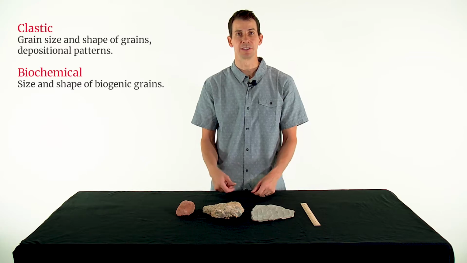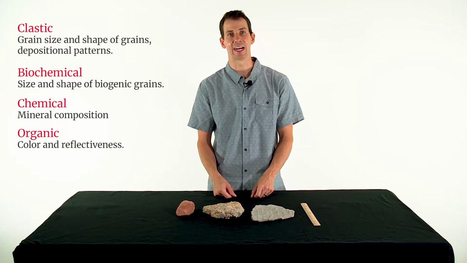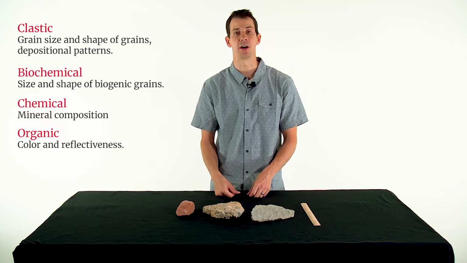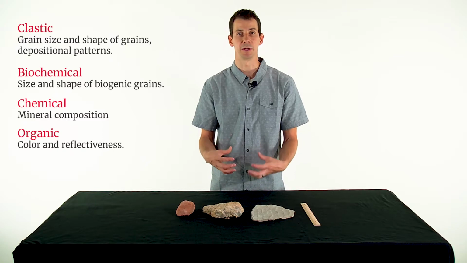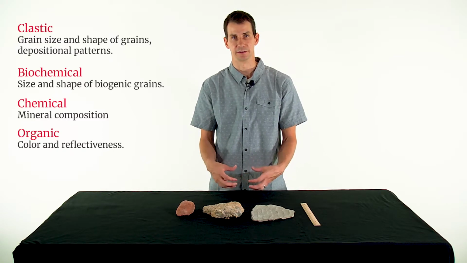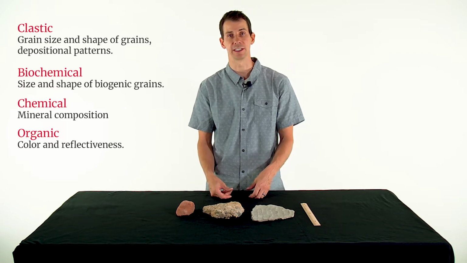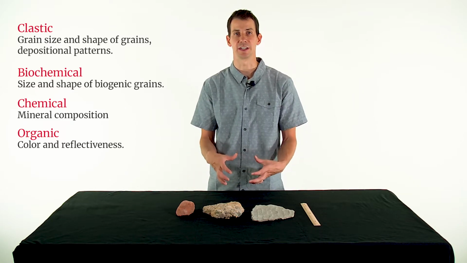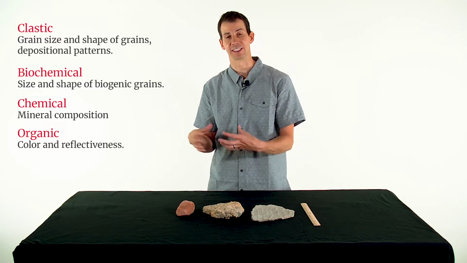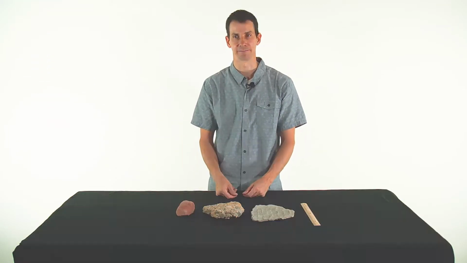And then a chemical sedimentary rock, you're going to look at the actual mineral material that rock is made out of. Okay. All right, so once you've determined what type of sedimentary rock your rock is, then you can look at the details and figure out what actual specific kind of sedimentary rock that is.